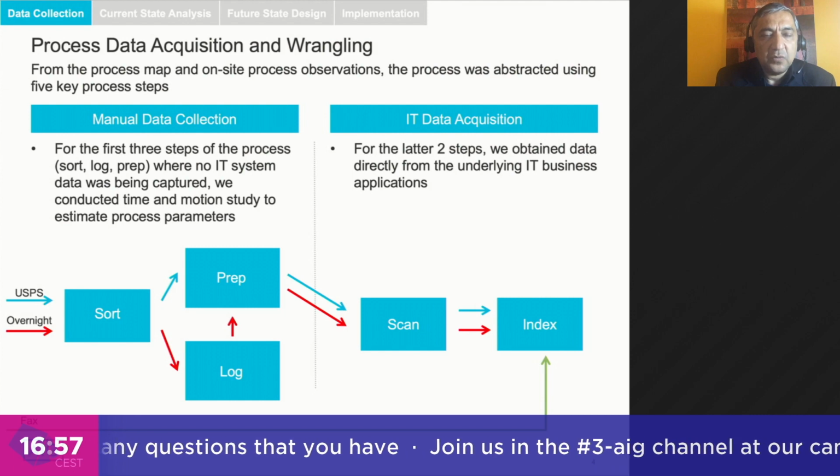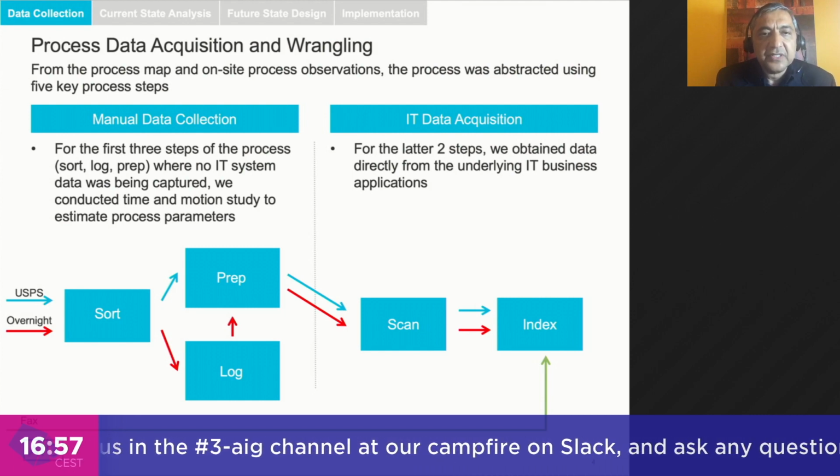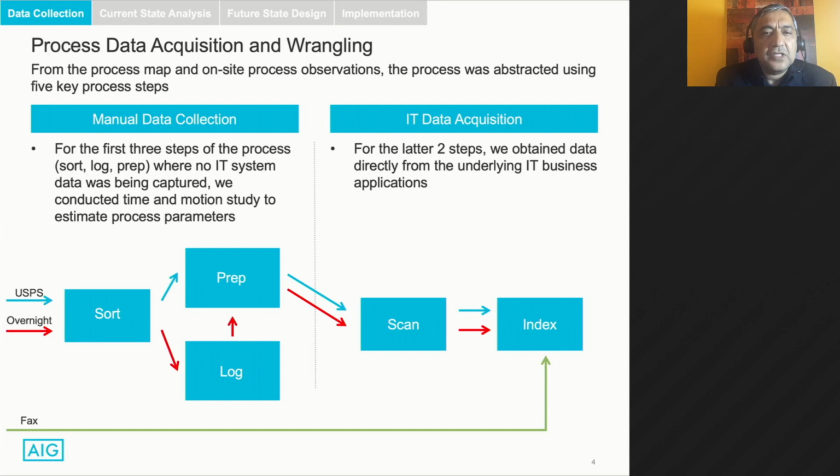There's some prepping work done where different types of mails are grouped together to create common clusters. All of this was happening without the help of an IT system, maybe except for the logging piece. So we manually did some time and motion studies to capture the parameters for this part of the process.